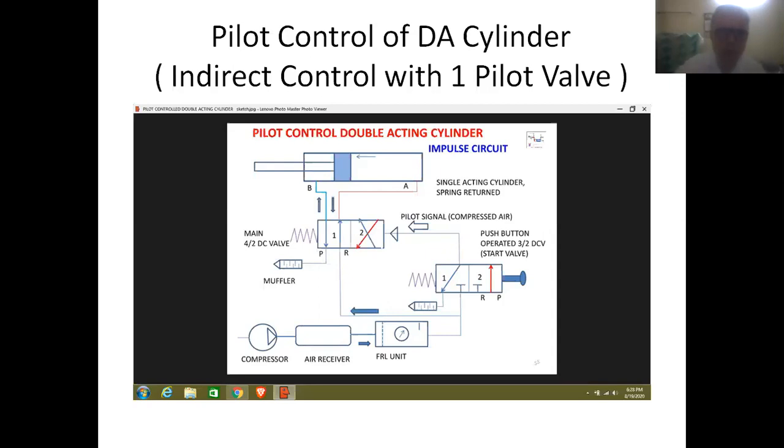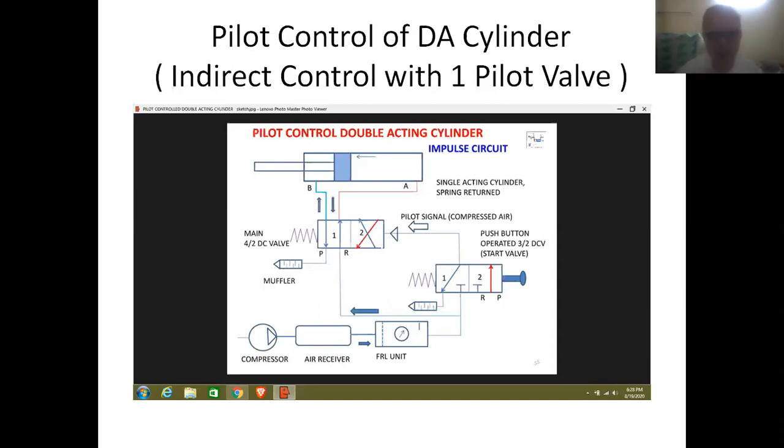The inlet of the pilot valve is fitted to the pipeline that is coming from the compressor, and the outlet of the valve is fitted to the pilot pipeline that is entering the DC valve. And finally, the exhaust port is fitted to the pipeline that is entering the atmosphere. So friends, it is having three ports, therefore it is called a three-way pilot valve.